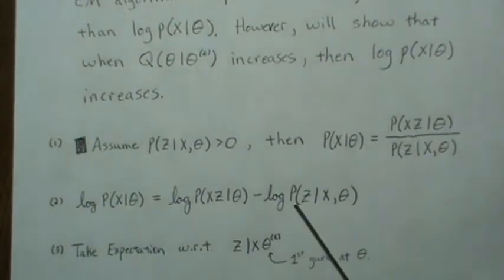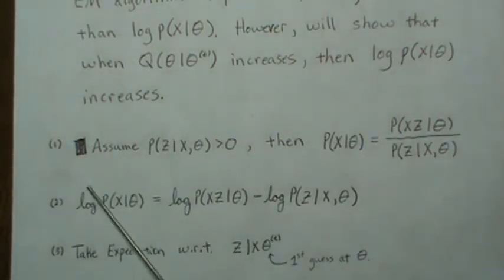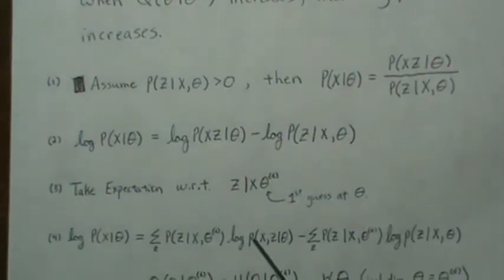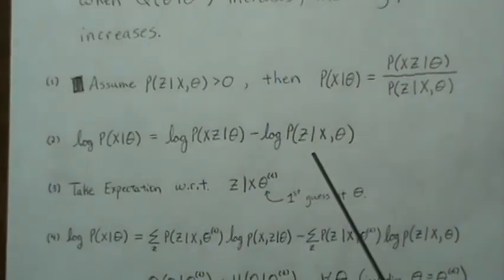Then we're going to take the expectation of both sides with respect to z given x and theta t. And remember, theta t is our first guess at theta. In our expression here, there's no z here. There's a z here and a z here. If we take the expectation of a constant, we just get it back, so this comes down, but these have expectations.